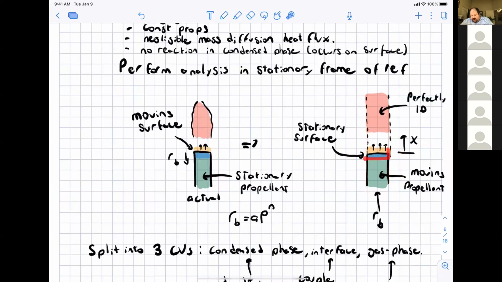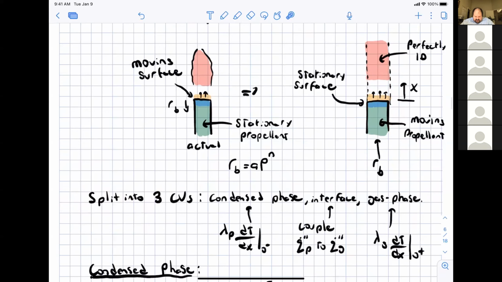If they are not properly connected, that is, there is an imbalance, that means we have an incorrect flame structure, and we need to guess again. But the way we are doing it here with all the assumptions, there is no guesswork involved. In general, there is some guesswork involved, or you turn it into solving a very nonlinear equation.